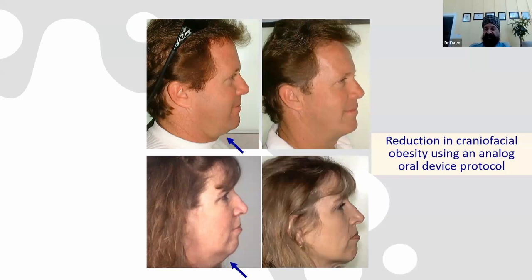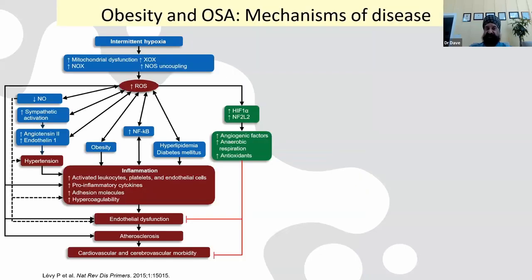Again, another area where further research needs to be done to find out what is the mechanism of these potential changes. Now, if you have craniofacial obesity, then there's a good chance that you have systemic obesity as well. Obesity is a very common, prevalent condition, needs to be looked at very carefully. One of the things it does, it increases the amount of reactive oxygen species.